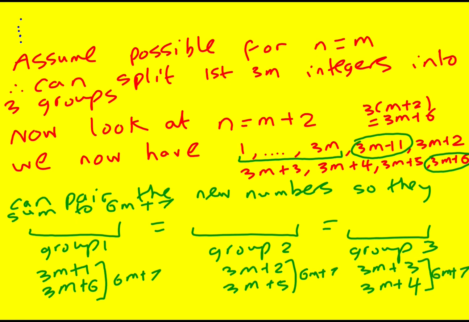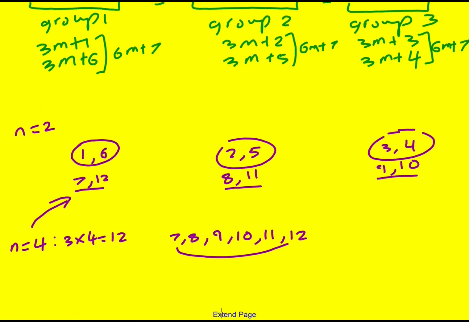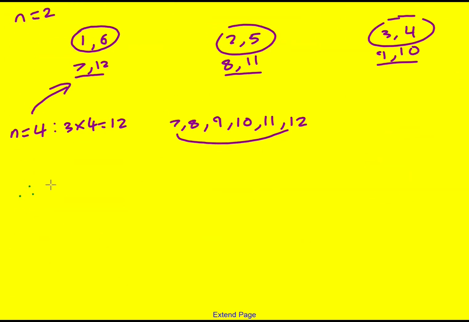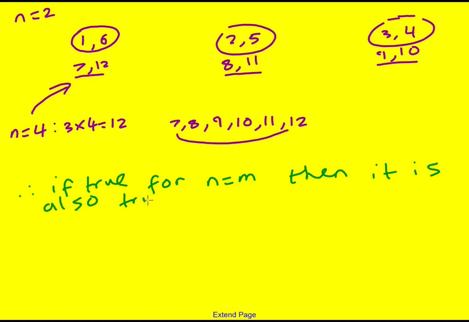And what we've therefore shown is that, if true for n equals m, then it is also true for n equals m plus 2.